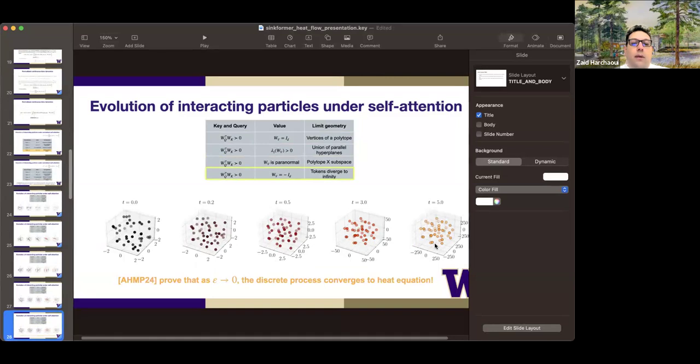Okay, so what we show in this talk is that in this particular case, when we consider WQ, WK positive and WV minus identity, then we can show that the discrete process, that is, the process represented by a finite number of layers of a deep neural network that has as a basic component a self-attention, as we take epsilon to 0 and time to infinity, will converge to the solution of the heat equation.